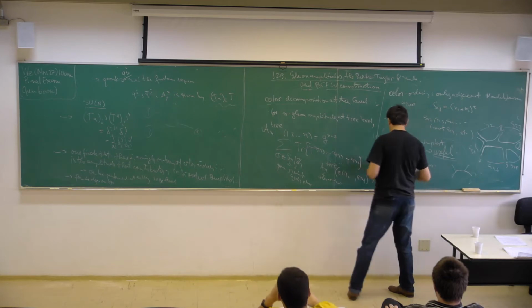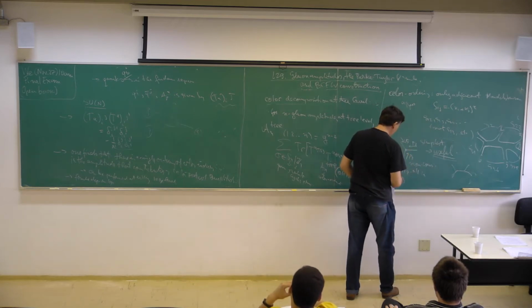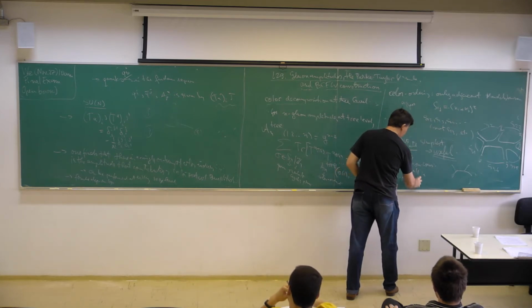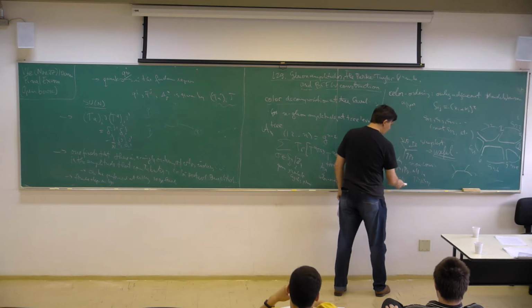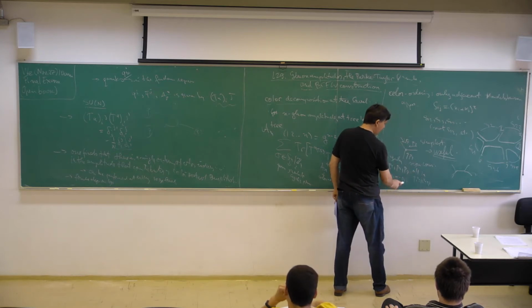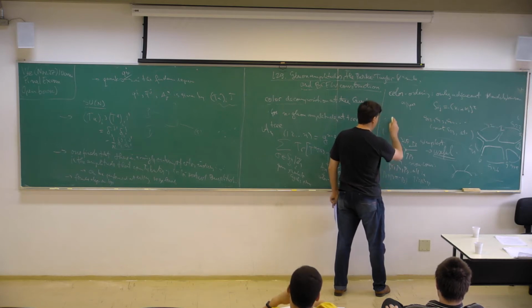You have to remember these are gluons, so P1 squared equals P2 squared equals P3 squared equals 0. Let's square this relation, but P3 squared is 0. That means P1 plus P2 squared is 0.